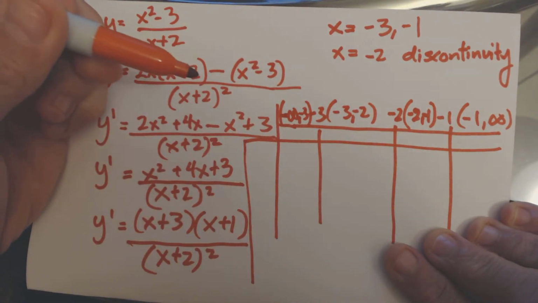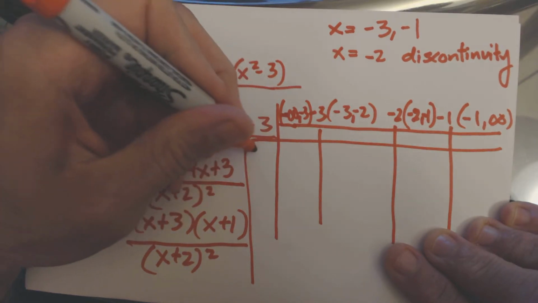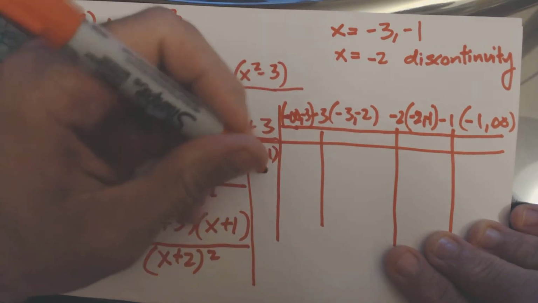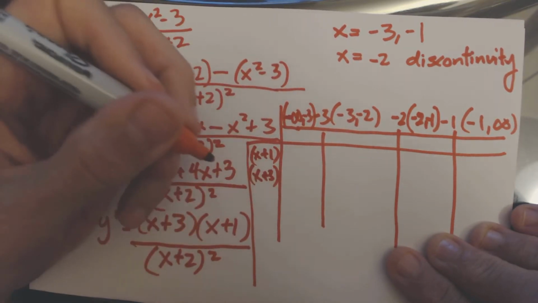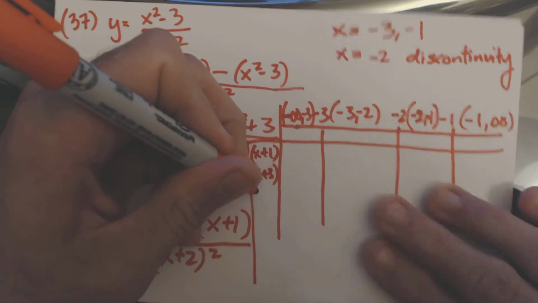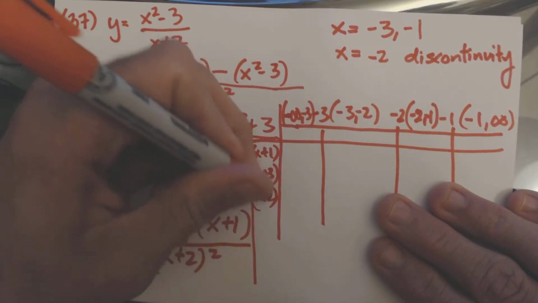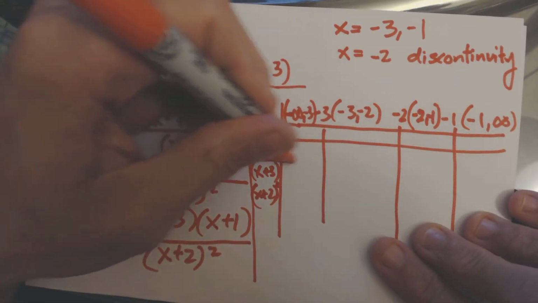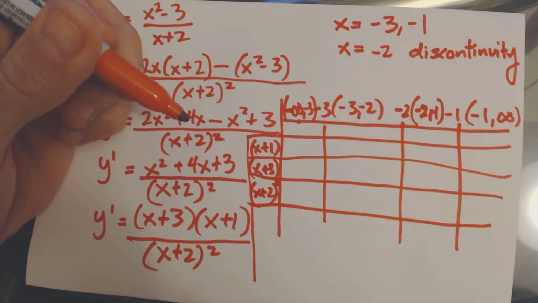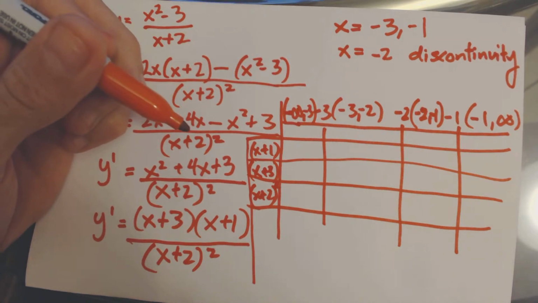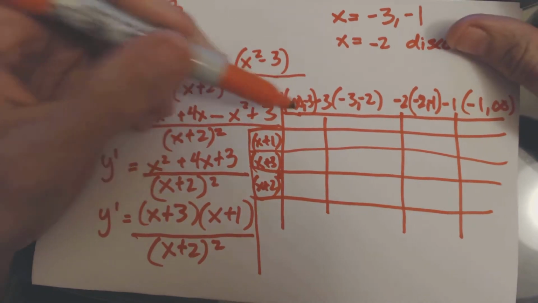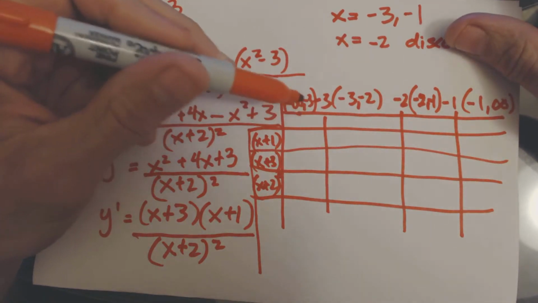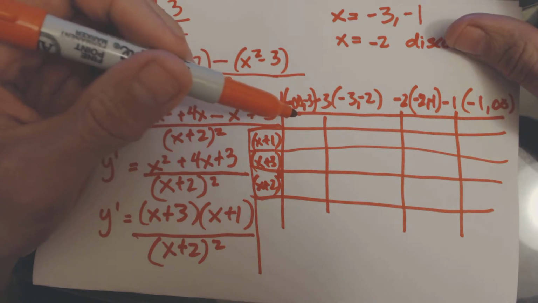Okay, so let's look at the components of the derivative. We have x plus 1, x plus 3, and x plus 2 squared. All right, so let's look at the first interval from negative infinity to negative 3. So let's plug in negative 4.